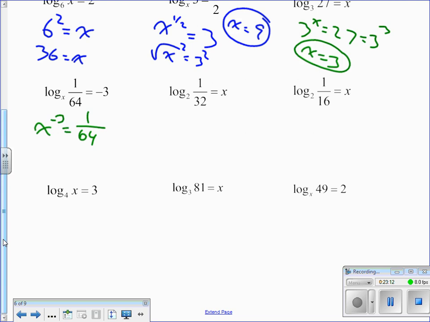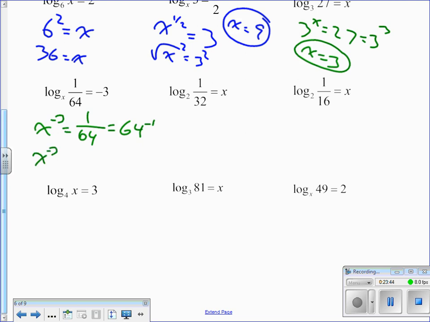But what I can do is say, can I rewrite 1/64 as a power of -3? So 1/64 is the same as 64 to the -1 power, right? You bring up the negative power. Is 64 something cubed? Yeah, 4 cubed. 4 cubed is 64.